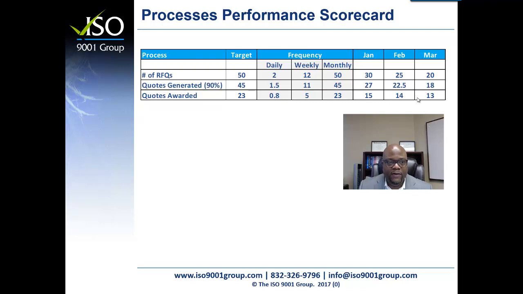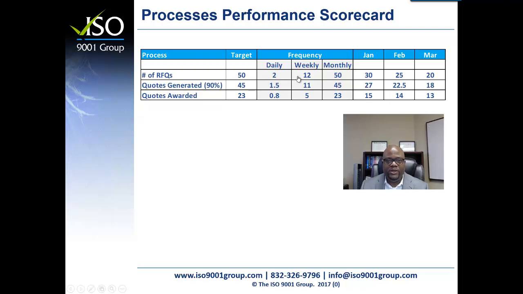All right, so what we have here is a process performance scorecard. Now, you can see that we've identified the process here, the target output for the process, and we've also kind of looked at the target broken out daily, weekly, and monthly. So for us to achieve this target of 50, we're saying on a daily basis we need to have 2 RFQs.